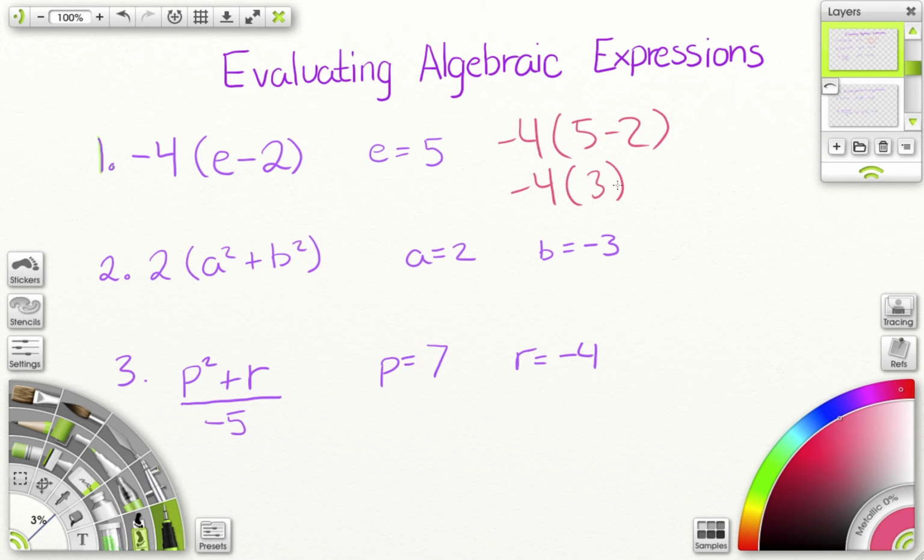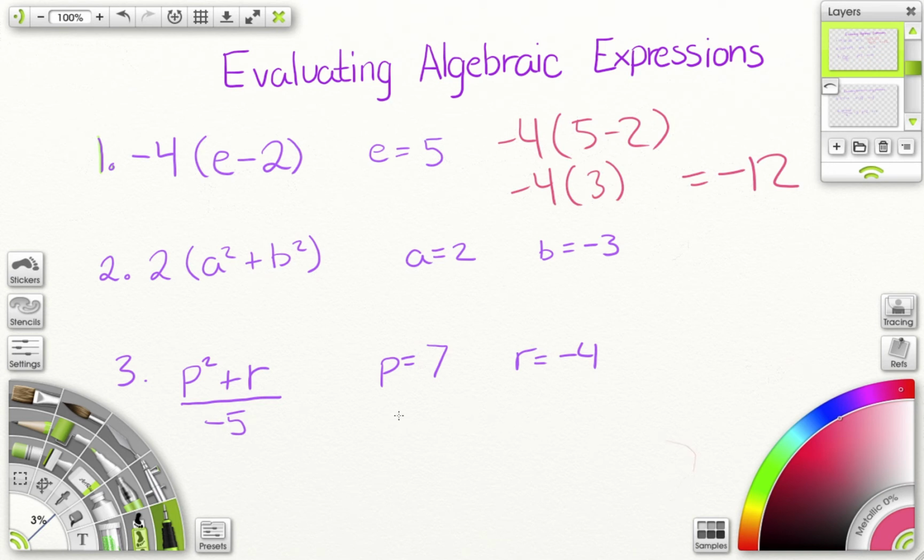If it's a negative times a positive number, it's going to be a negative answer. So I have -4 times positive 3. It means my number is -12. Okay? So negative times a positive equals a negative, negative times negative equals positive, positive times positive equals positive, and positive times a negative equals negative. So opposite negative, the same positive.